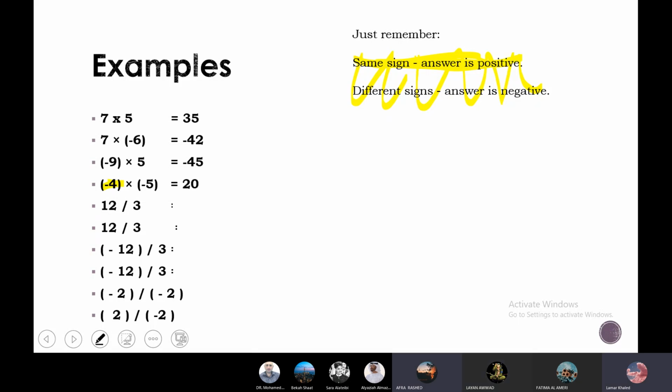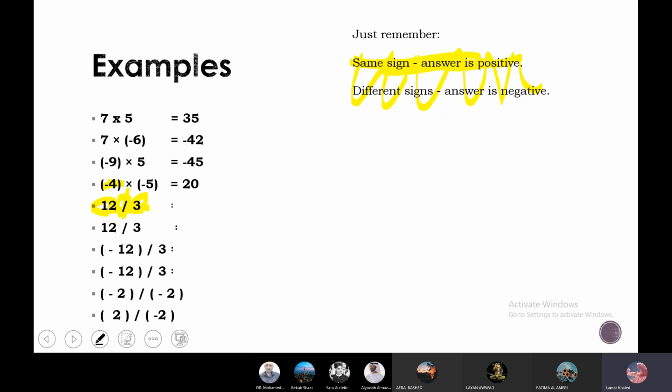How about here? This means division, if no one knows. 12 divided by 3. We have same signs: here is positive and here is positive. So the answer will be 4. Also here, negative 12 divided by negative 3 has the same signs.